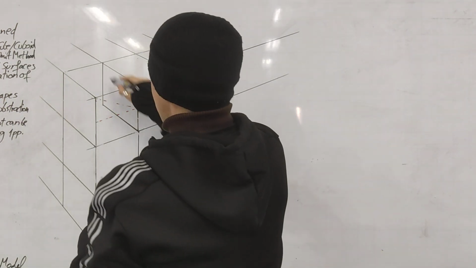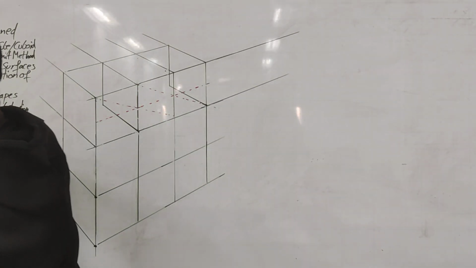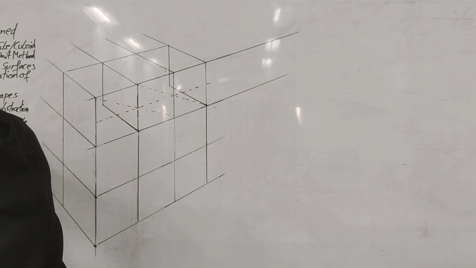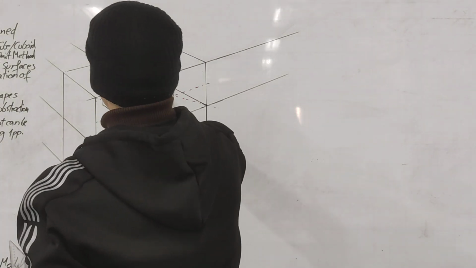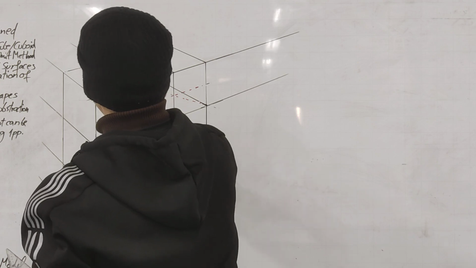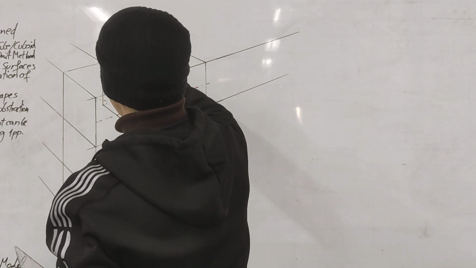So we have this object here, as you can see. There is an object here, which is a cuboid, and it's in the center. So, diagonals.